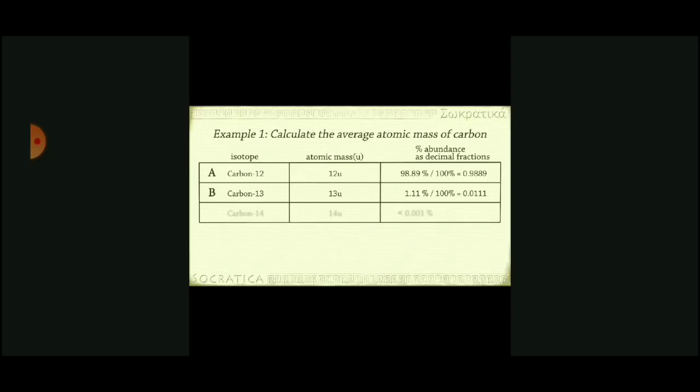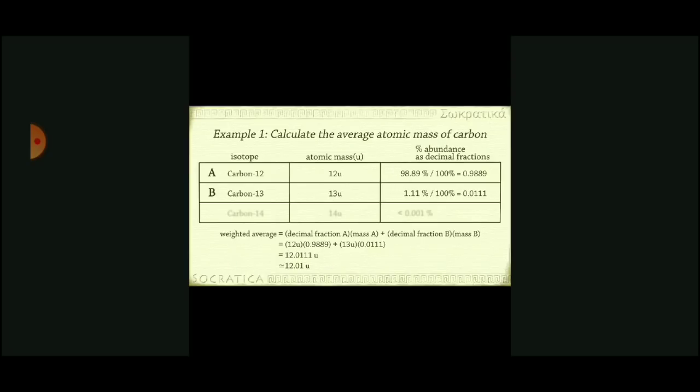Now let us calculate the average atomic mass, that is nothing but the weighted average. The formula is decimal fraction of A into mass number of A plus decimal fraction of B into mass number of B. That is 0.9889 into mass number of A, that is 12, plus 0.011 into 13, that is equal to 12.0111 U, approximately equal to 12.01 U. After the decimal point, the 0 is not considered, it is very negligible.